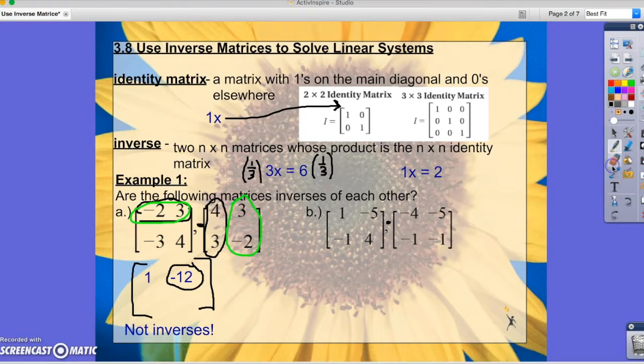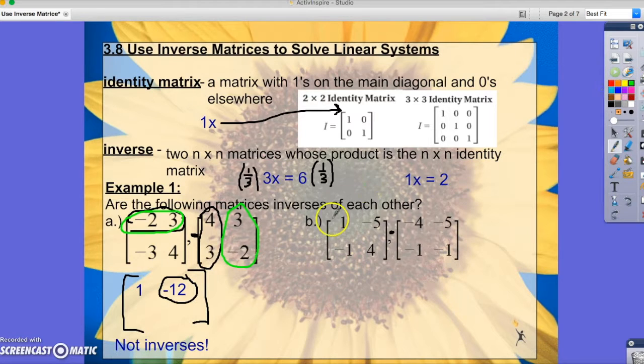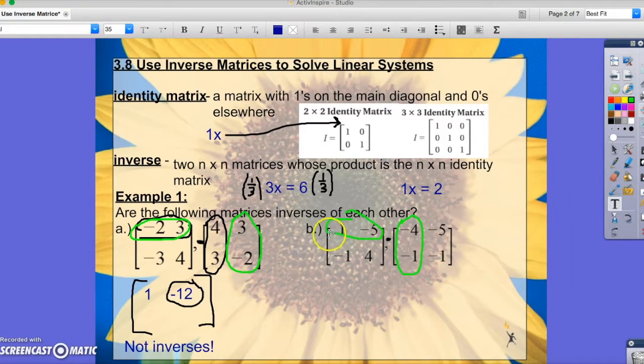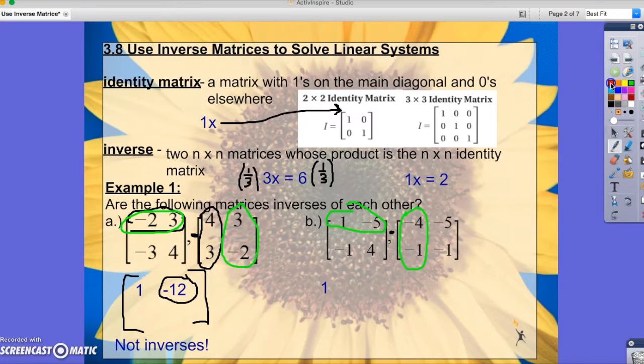All right, let's try the next one. So you have this row and this column. So I get what? 1 times -4, which is -4, plus 5. -4 plus 5 is 1. All right, I'll use a different color here.